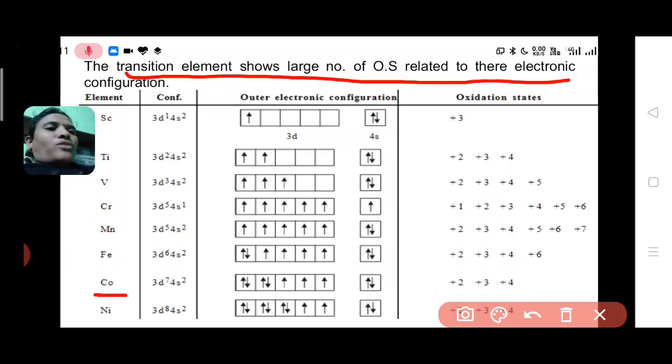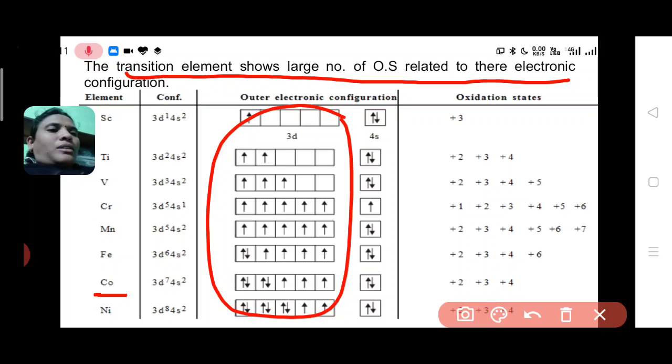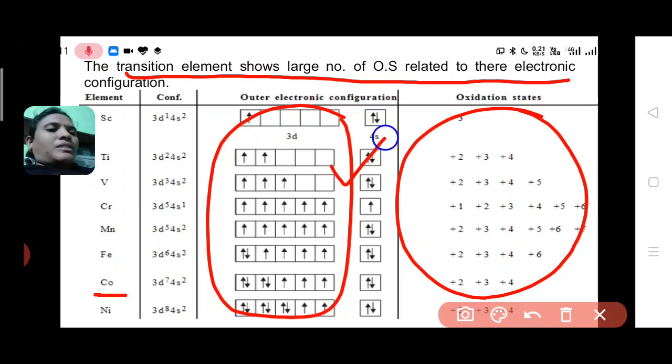This variation of oxidation state depends on the electronic configuration of the 3d series or d block elements. So the oxidation state totally depends on the electronic configuration of d block elements.